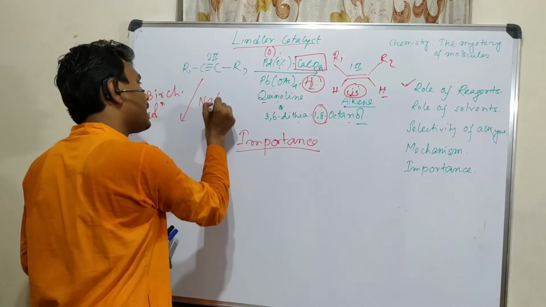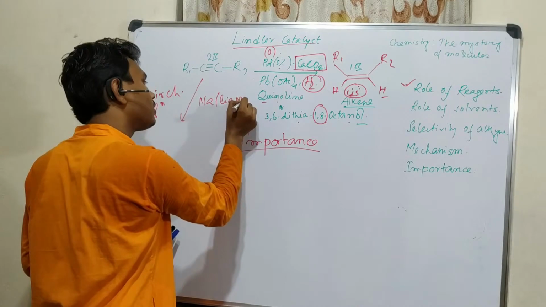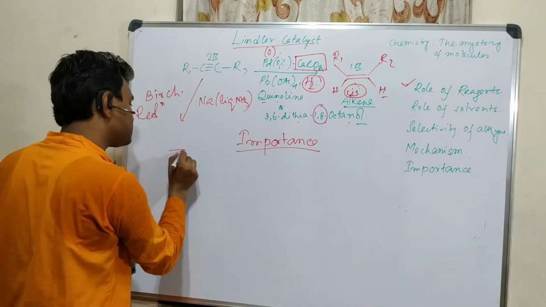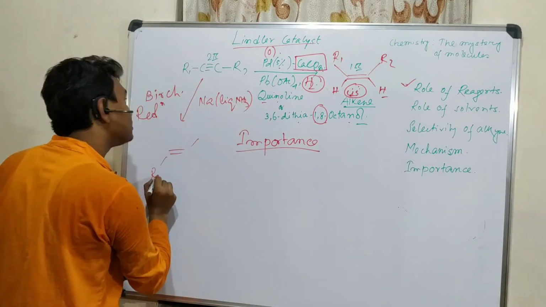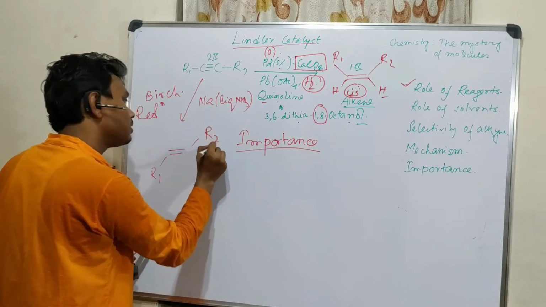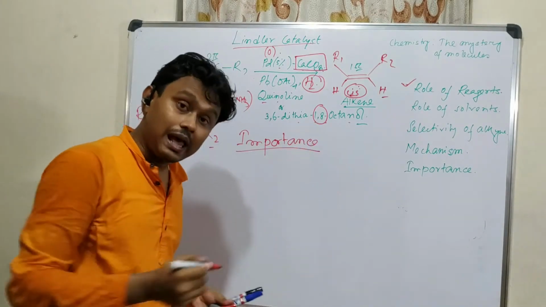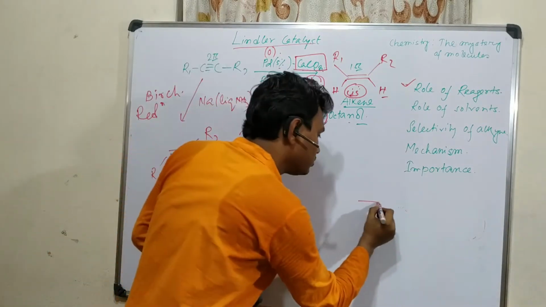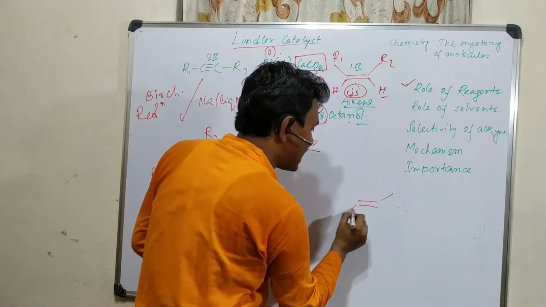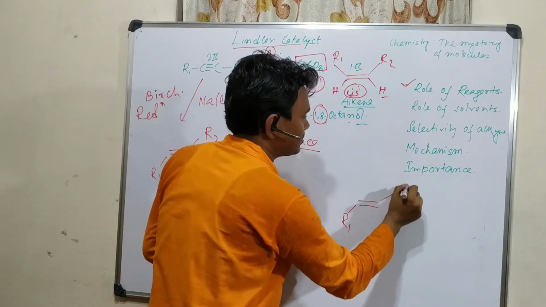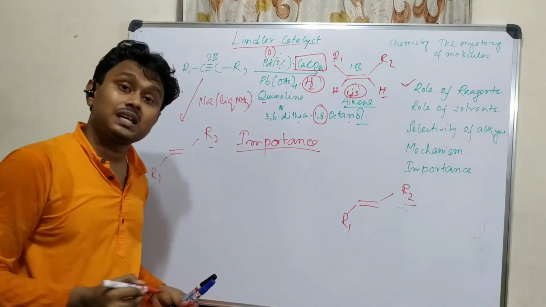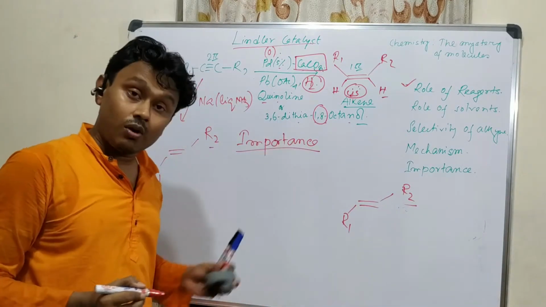We take sodium and liquid ammonia. Birch reduction produces trans R1. Another thing, for example, if we take dehydrohalogenation of alkyl halides, then what is produced? Then it also produces this alkene, but that is also trans. Why? Because trans alkene is more stable, cis-alkene is not.